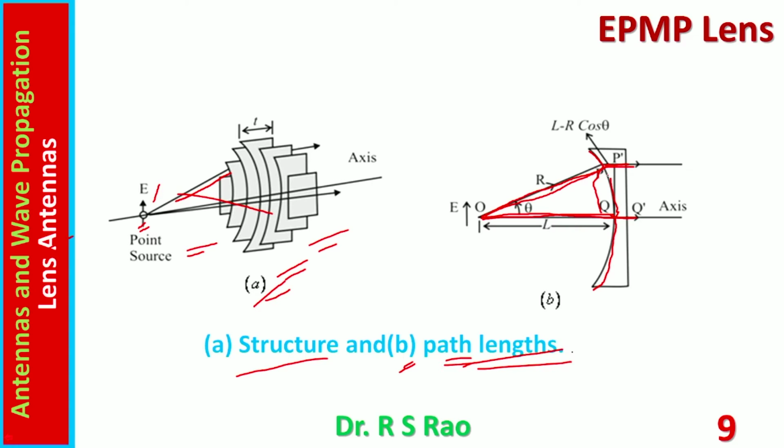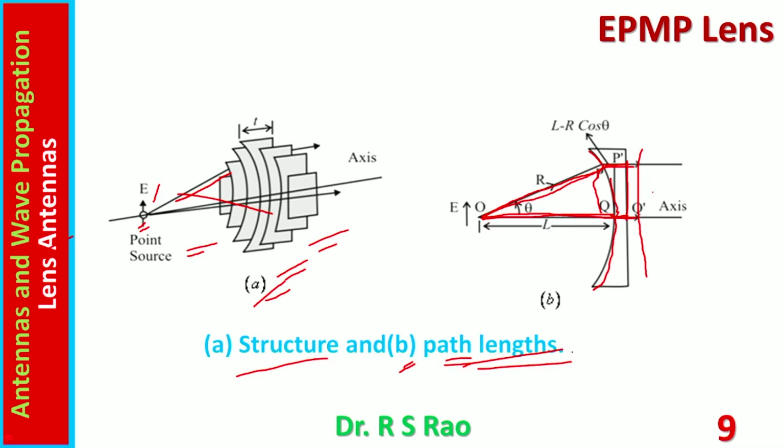The refractive index of the medium is arranged in such a way that the ray OP prime and ray OQ prime both cover the same path length, the same distance, by the time they come out of the lens surface.